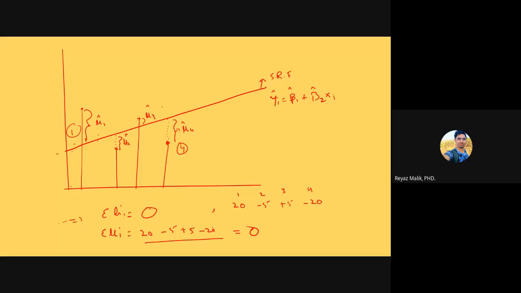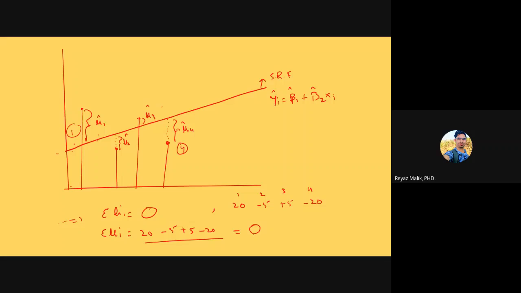Then is the error 0? No, the error is not 0 in our case. There is some error that is very visible to us, but simply by doing this, we will not be able to capture it.